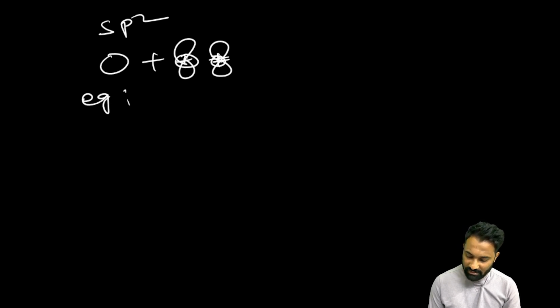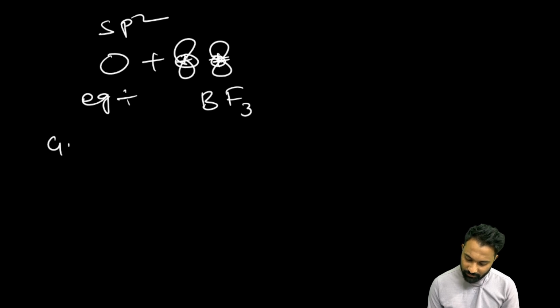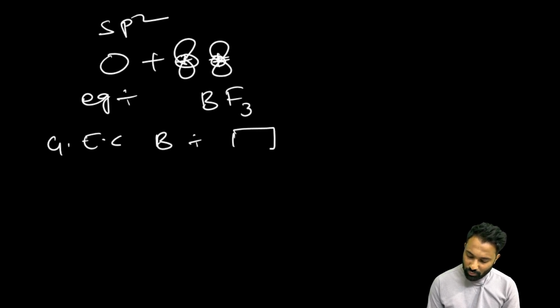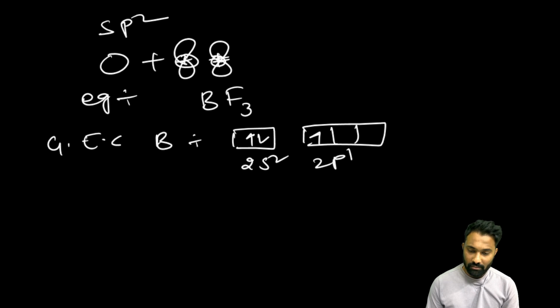The example I am taking is BF3. Now in this BF3, the ground state electronic configuration of boron will be 2s2 2p1.